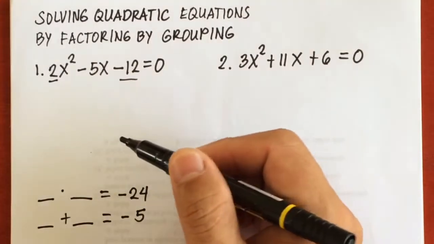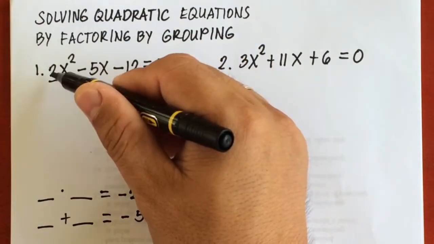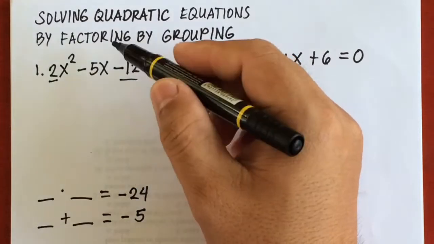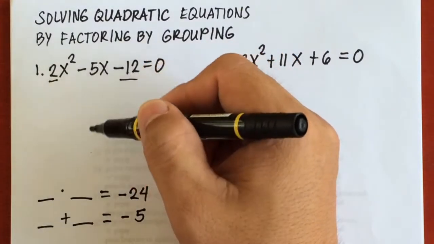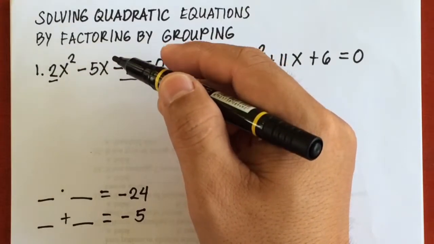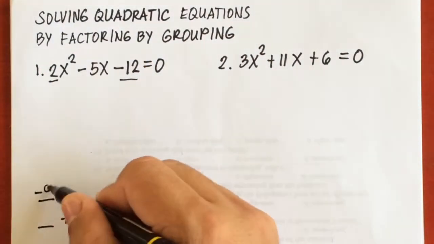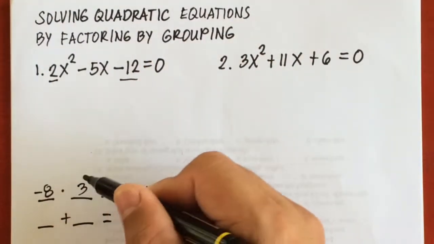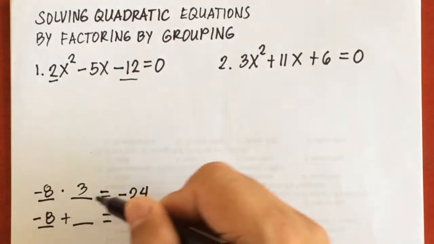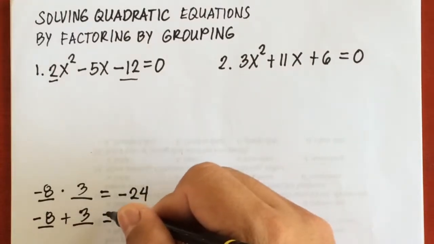If we multiply the two, the result will be the product of a and the constant term, which is negative 24. And if we add the two, the result will be the numerical coefficient of x, which is negative 5. So those numbers will be negative 8 and 3. So negative 8 times 3 is negative 24. Negative 8 plus 3 equals negative 5.